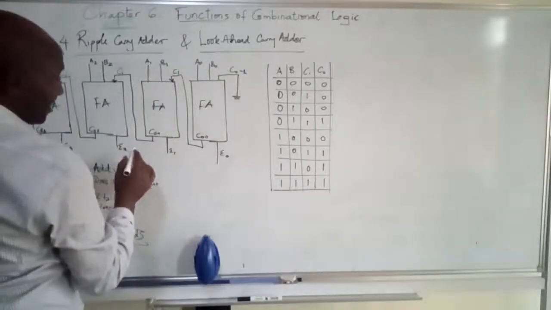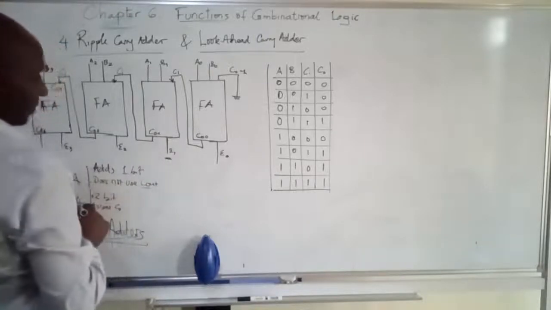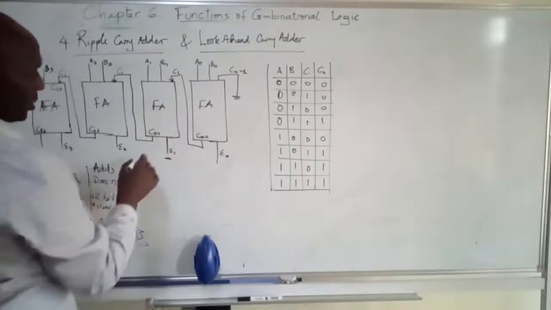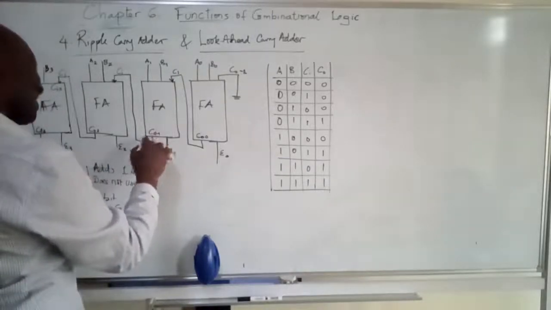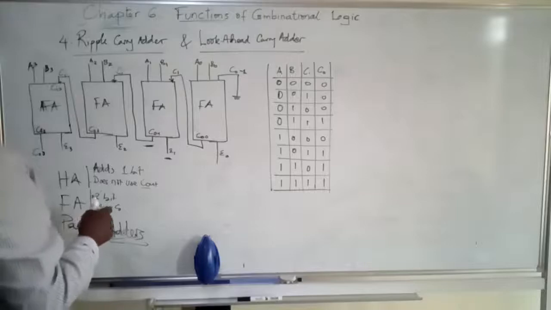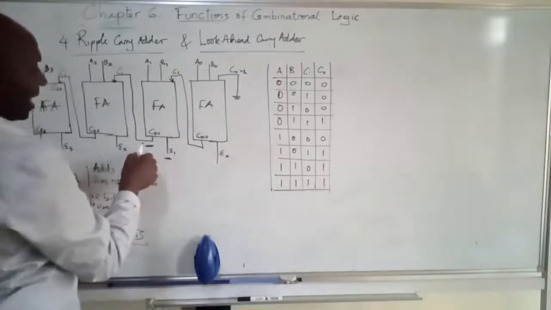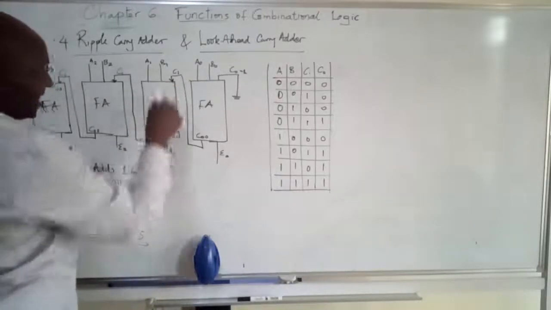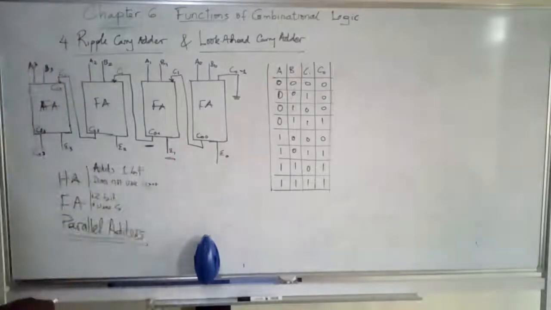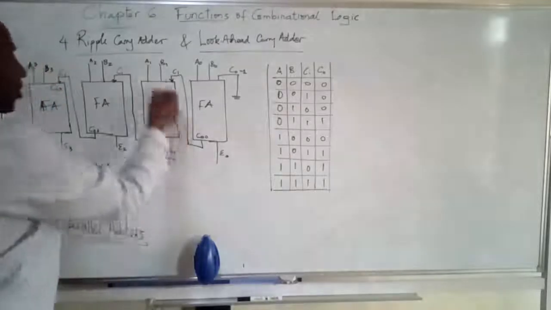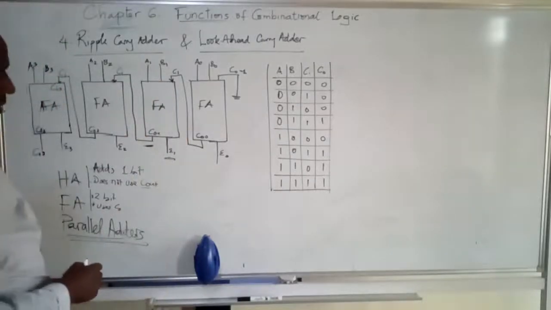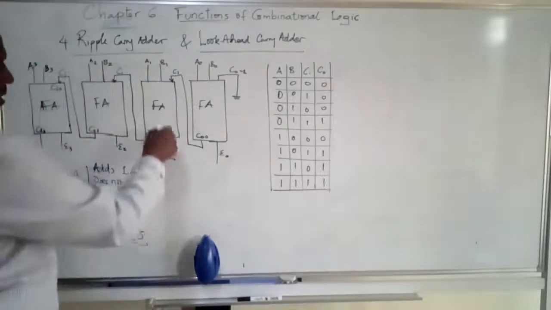The output here, the next carry out, will be found after getting this sum, because it is from the sum that we generate the carry out.